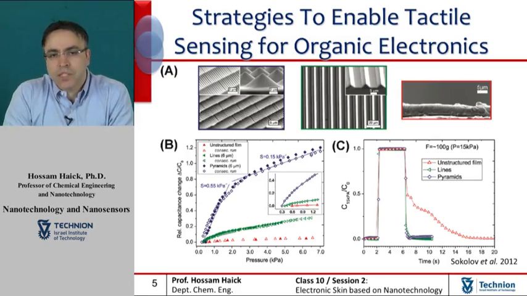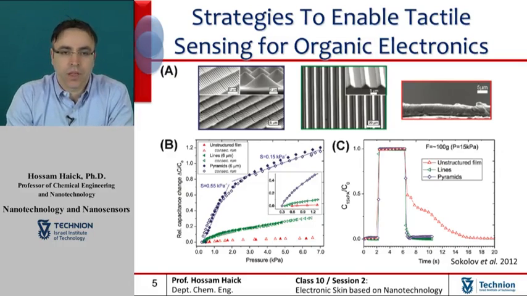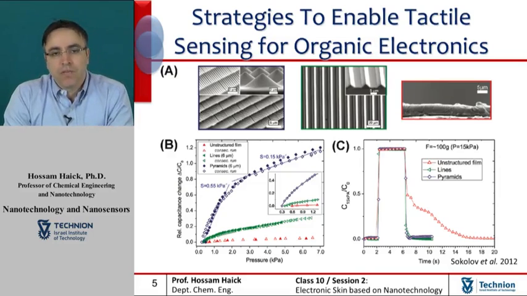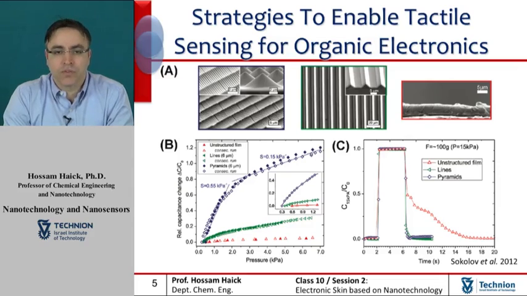Furthermore, the capacitance change also depends on the type of the microstructure used, as illustrated in Figure A. Figure B on the screen shows that compression of the pyramid structures changed the initial capacitance as high as 55%, while a film with line patterns shows a smaller change. Nonetheless, the change is still 5-fold larger than the comparable unstructured film.